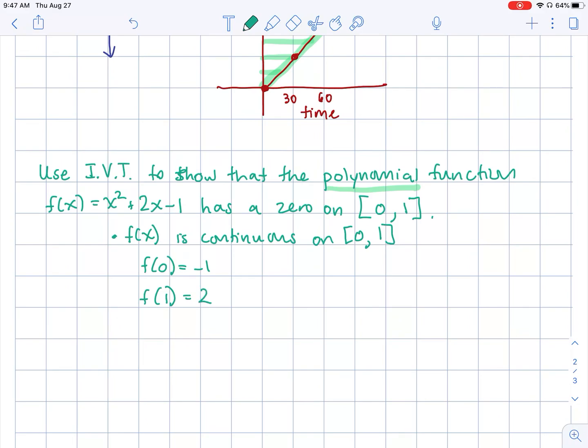And so we see that there is a sign change between f of 0 and f of 1: the y value goes from negative 1 to 2. So it's reasonable for us to conclude that there is a 0 that's achieved between those two values.